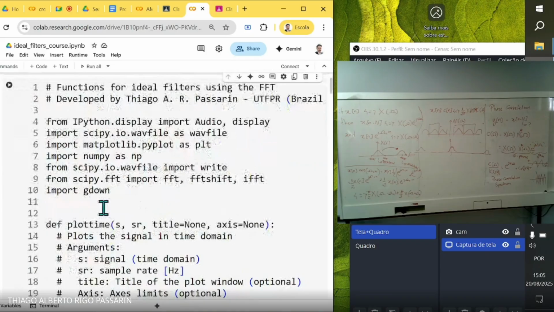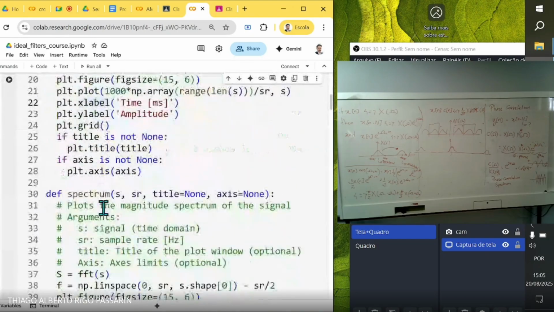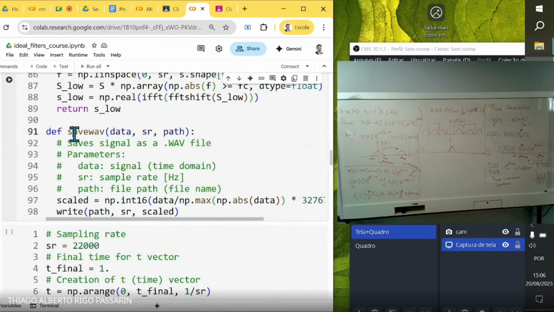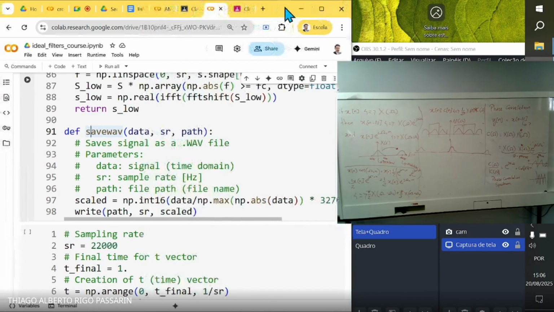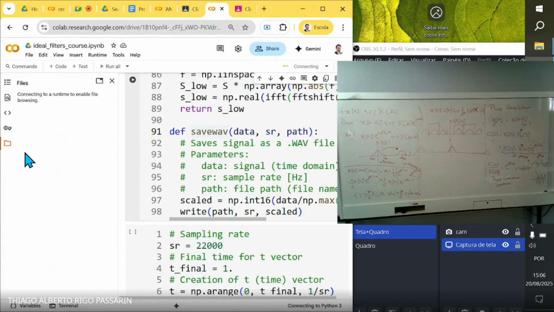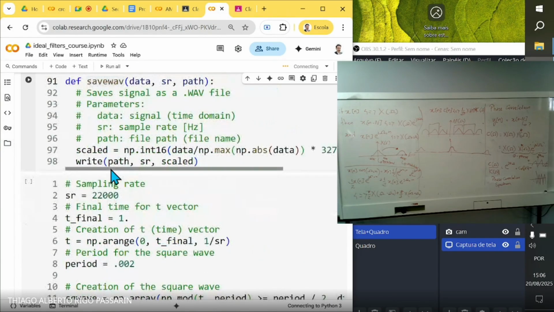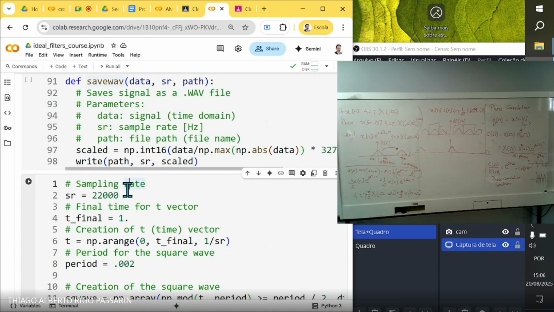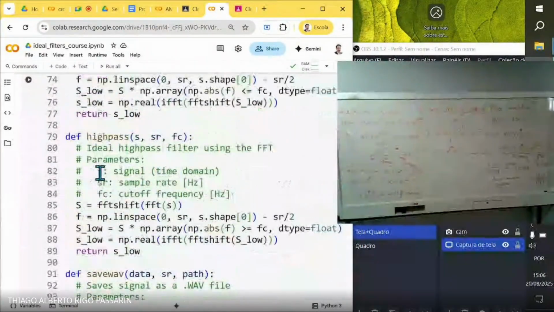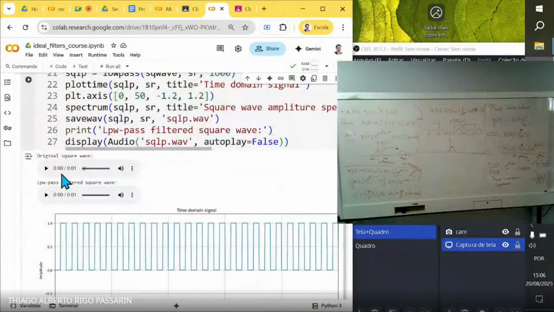Here I show how to read a wave file, how to save a wave file in the virtual file system here. To upload, you upload to here. You won't need to upload. I will adapt this to use gdown to download the file. How to play, you have some examples of how to play the signals.